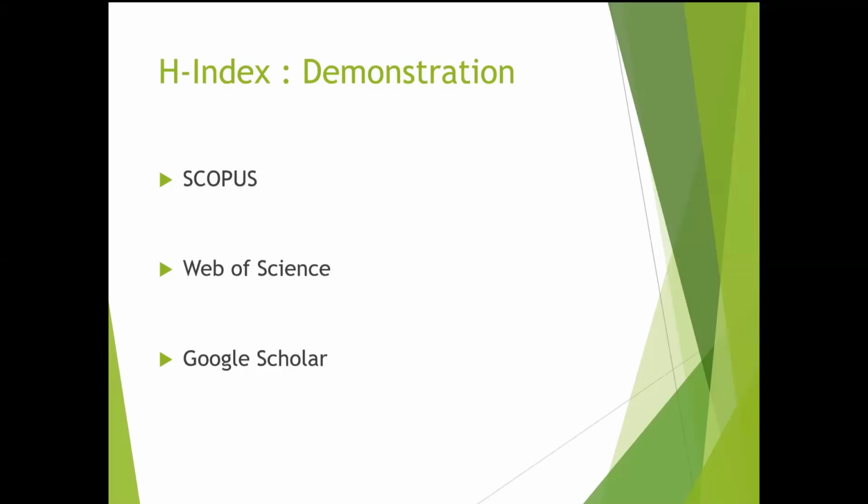Okay, so with that said, I am going to head over to my web browser, and we're going to start with Scopus and Web of Science. If you're not too familiar with the library's page and getting to our databases, just a quick overview.